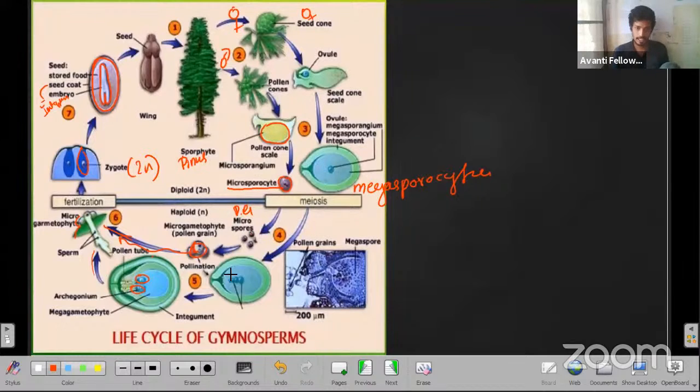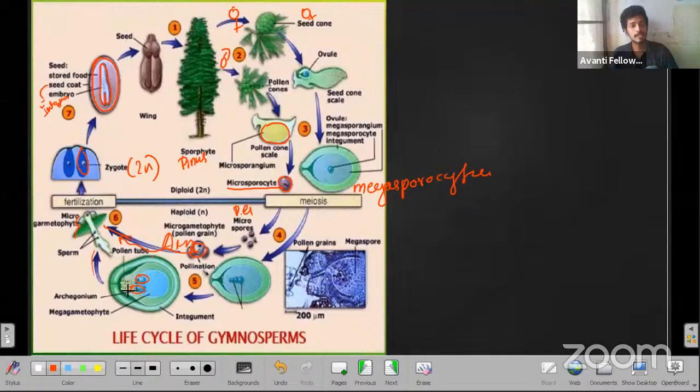After the meiosis, the megasporocyte gives rise to the megaspore, and the microsporocyte gives rise to the microspore. And later, this microspore travels through the air, and this megaspore is converted into the gametophyte.